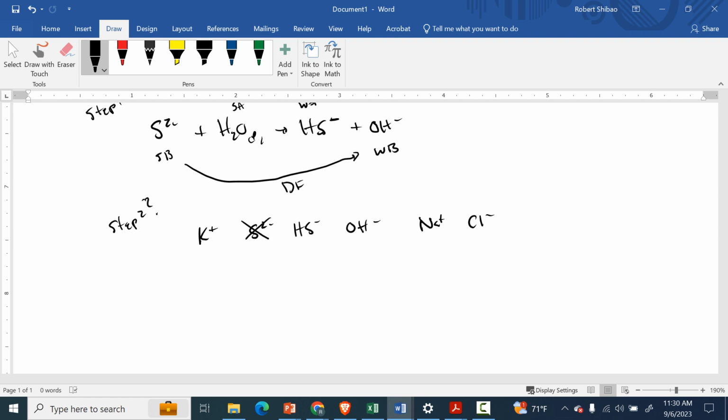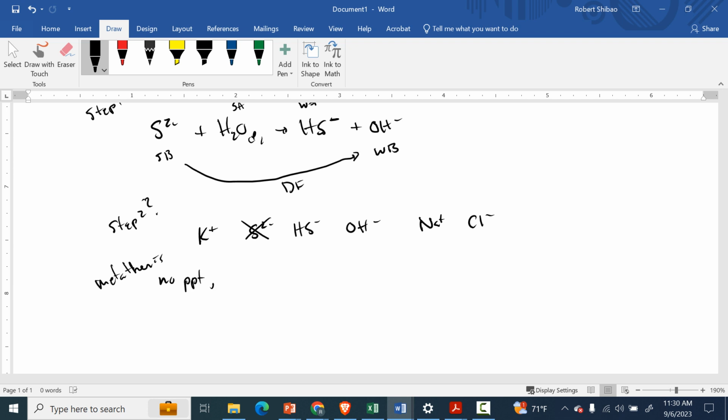So the first thing I'm going to do is look and see if there's a potential metathesis reaction. And so I look for a precipitate. Potassium ions and bisulfide, do you think those will precipitate? No, all group 1 salts are soluble. Sodium won't precipitate with anything either. So in metathesis, there's no precipitate.